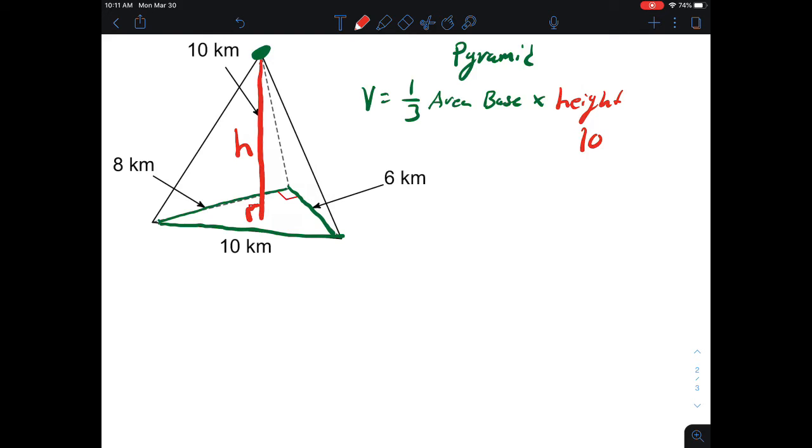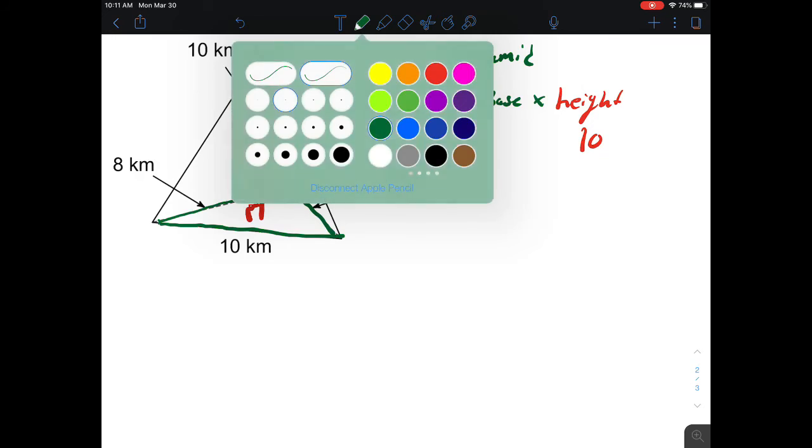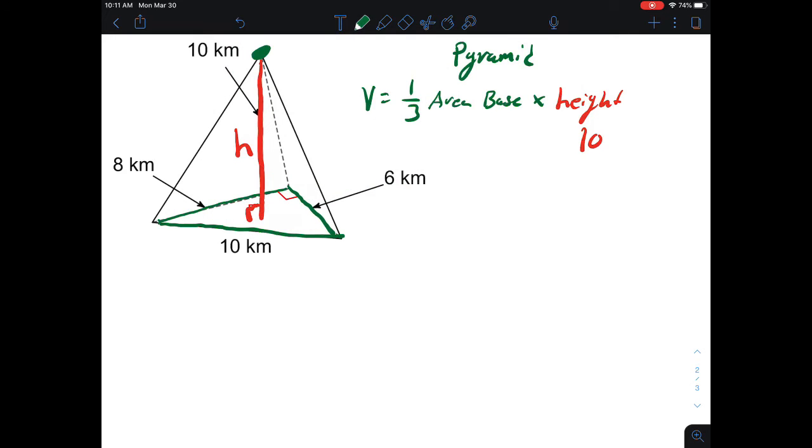Now I've got to find the area of my base, which is nothing more than a triangle. So my base has an area of 1/2 times base times height. Well, remember, base and height of the triangle have to be perpendicular to each other, so we don't want to use the wrong two sides of that triangle since I have all 3. So it'd be 1/2 times 8 times 6 to give me my base area.